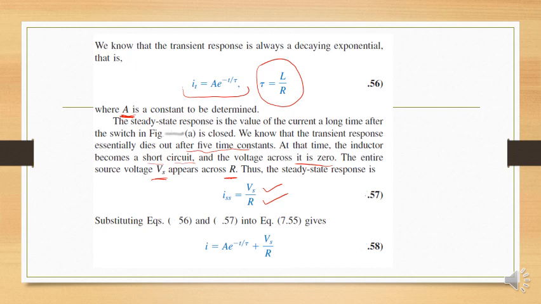So substituting equations 56 and 57 into the previously studied equation of chapter 7, 7.55, or the equation studied in our previous slide, applying the values for transient and steady state currents, I is equal to, this was the transient response and this is the steady state response.